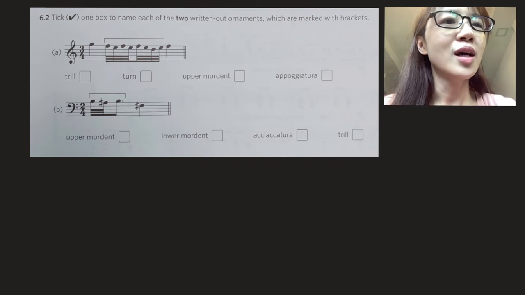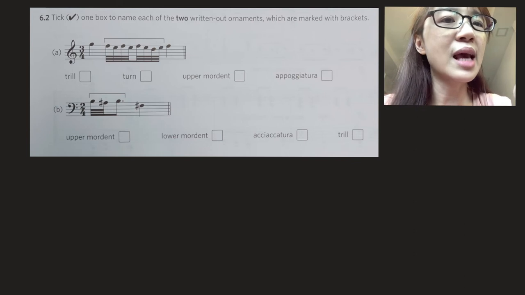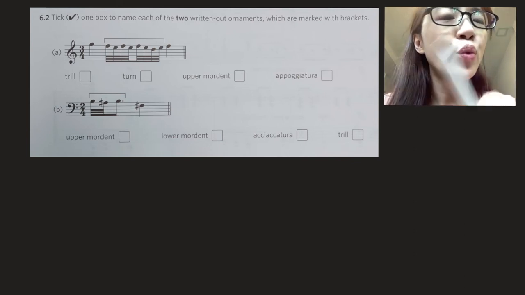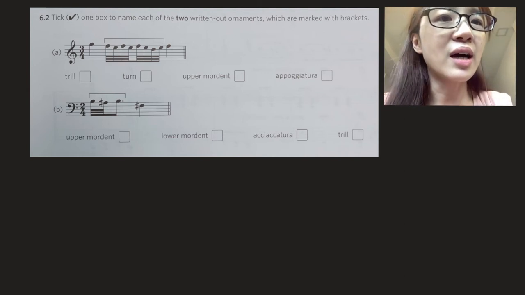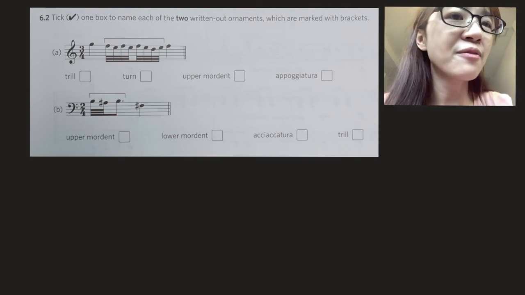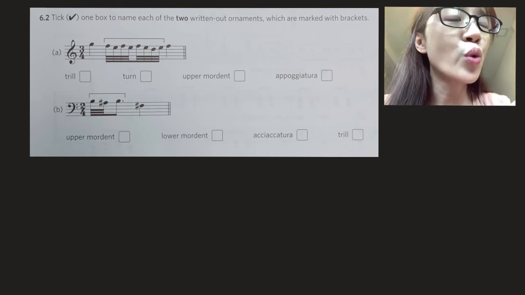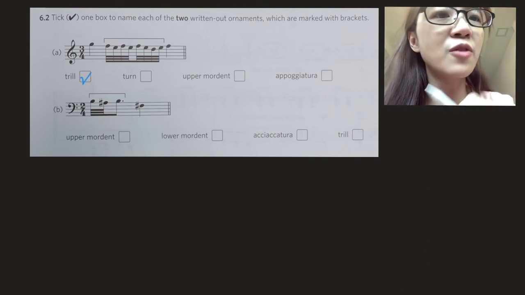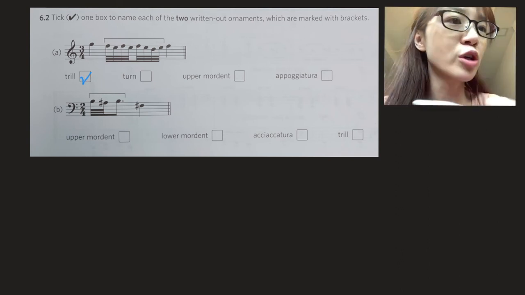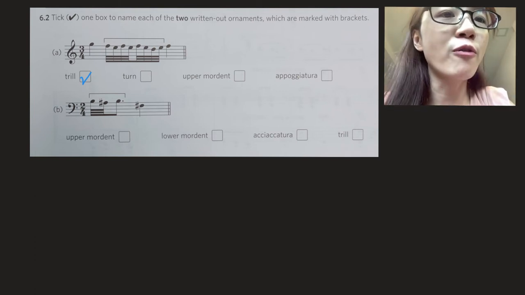For this question, it gives the written-out ornaments, and you have to know what this is. When you have first notes which alternate repeatedly, for example F, E, F, E, F, E repeated a few times, but then the last part is da-di-da-dim to end this part, this is called a trill. The difference between trill and turn is that for a turn, you just have a few notes, maybe 4 or 5.